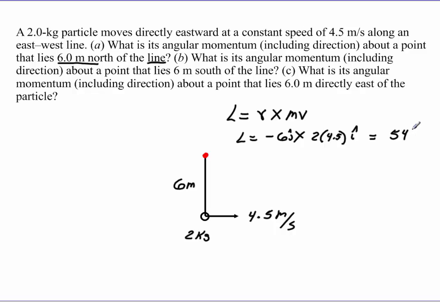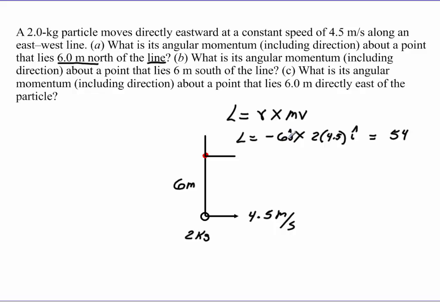Why is it negative? Because if you do the right-hand rule, this is negative here because I'm going down negative. What is it relative to? Everything's relative to this point. Here's my 0, 0 axis right here. So if I take everything based upon that, from here I go down -6.